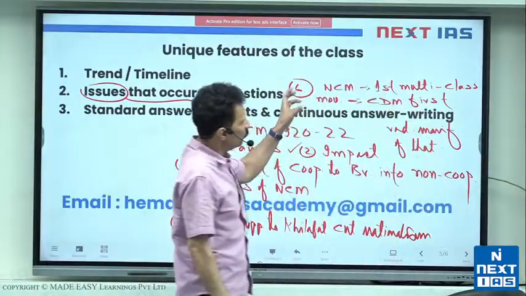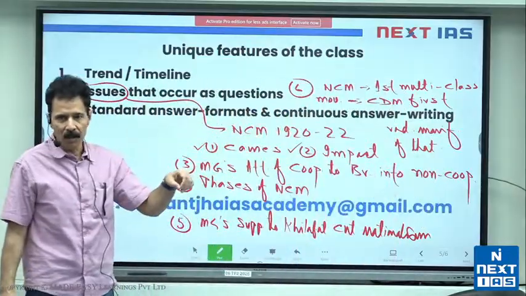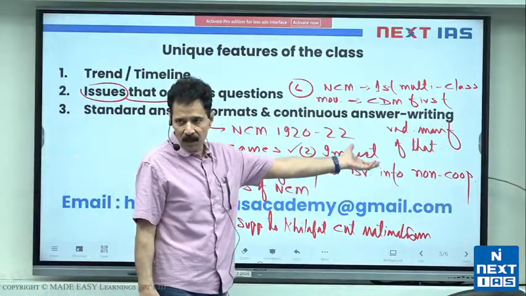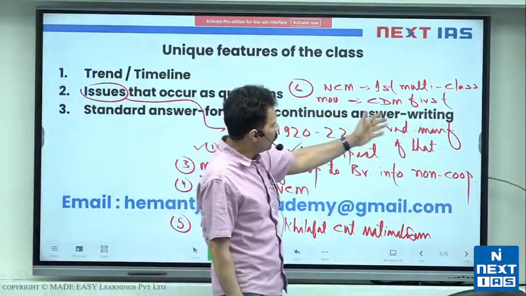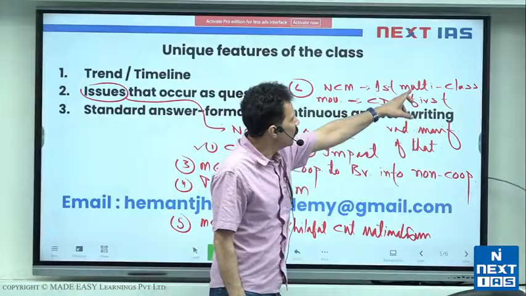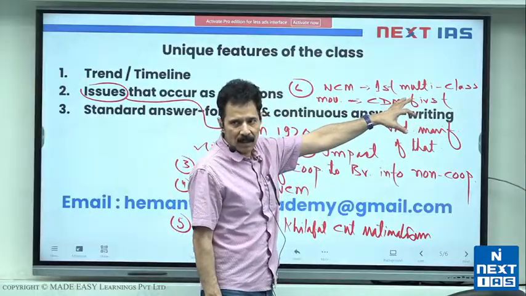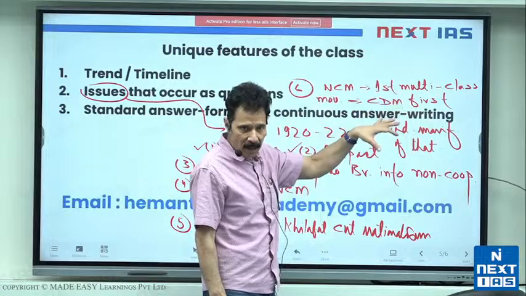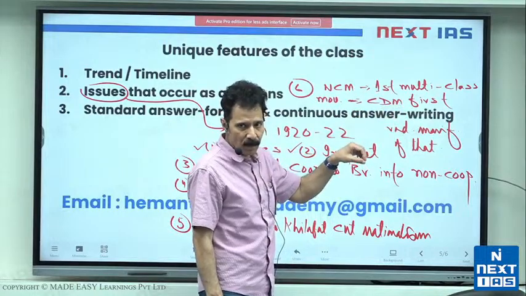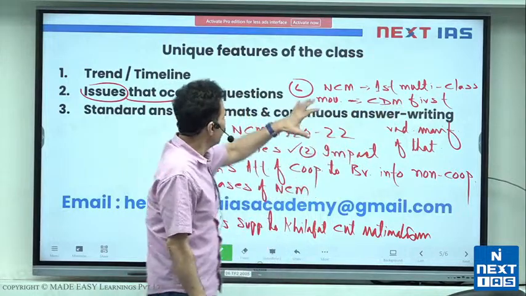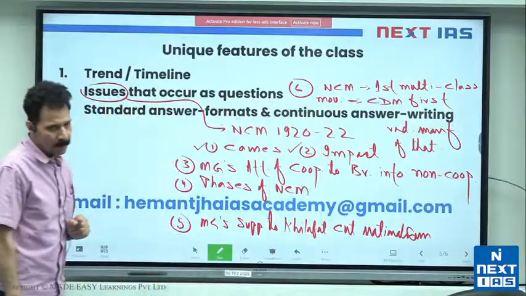So NCM was the first multi-class movement under Gandhian leadership, and CDM, that is the Civil Disobedience Movement 1930, was the first radical manifestation of that, meaning that multi-class aspect. Explain. Do you agree? Give views.